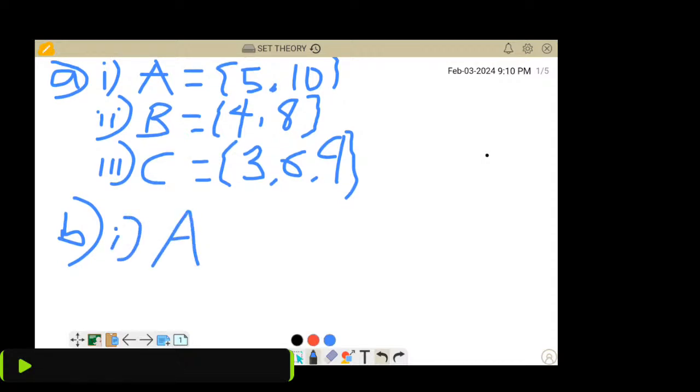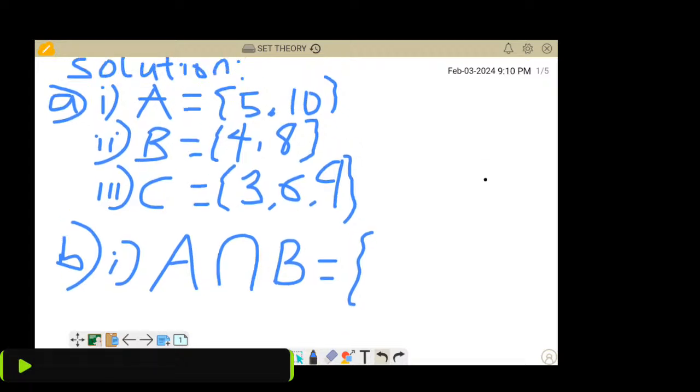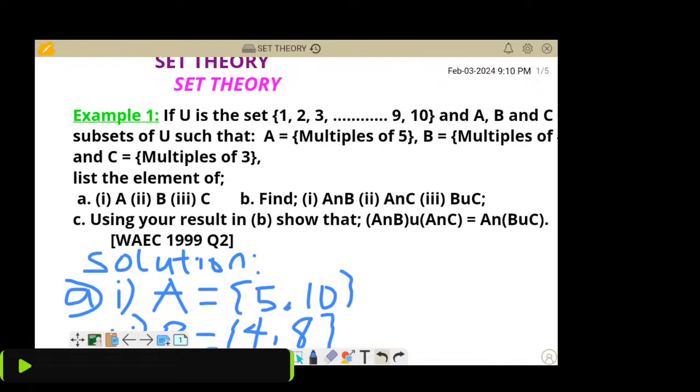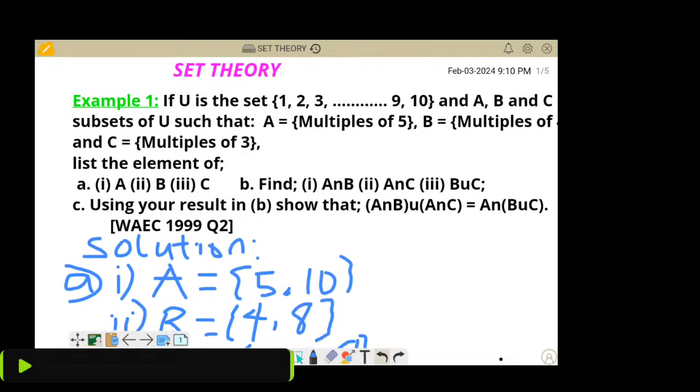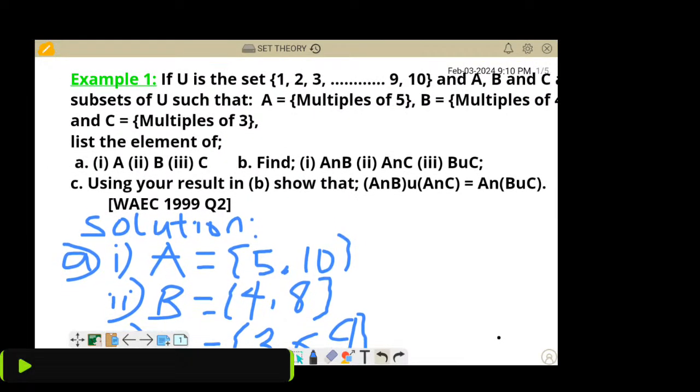A intersection B simply means the elements of A that you can find in B. Sorry, I think something is not right with the question.